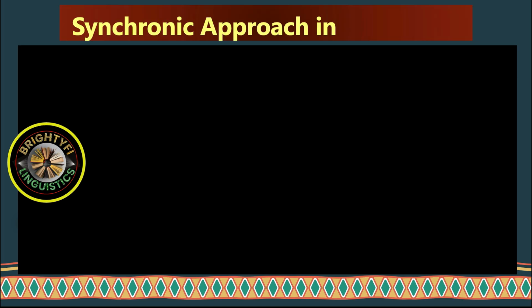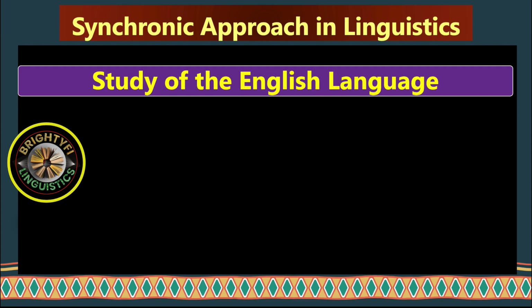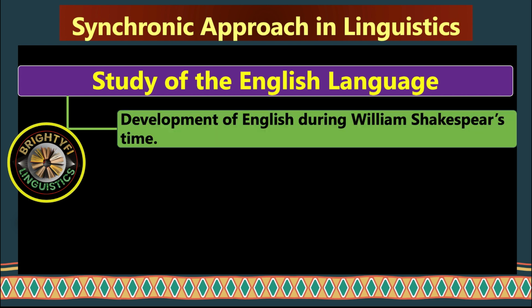If you want to study the history of language or the literature of language, and your approach is synchronic, you will have this way of studying the subject matter, like the development of English during William Shakespeare's time. So you have to study whatever happened during the lifetime of William Shakespeare in the field of English language.